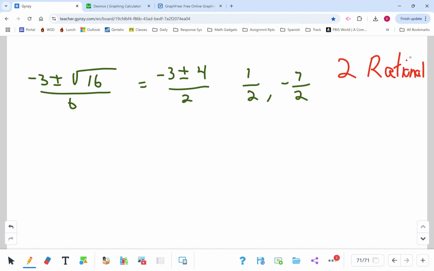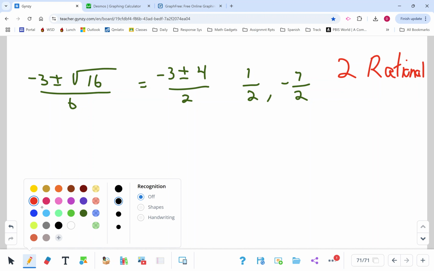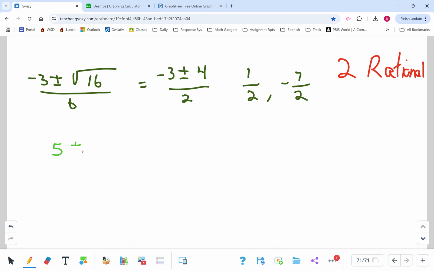Okay. Well, let's say we're doing another one here, and this one ends up being 5 plus or minus the square root of, let's say, 0 over 4. We all know that negative 5 plus square root 0 is 0. Okay, and negative 5 minus, I'm sorry, 5 plus the square root of 0 is 5.